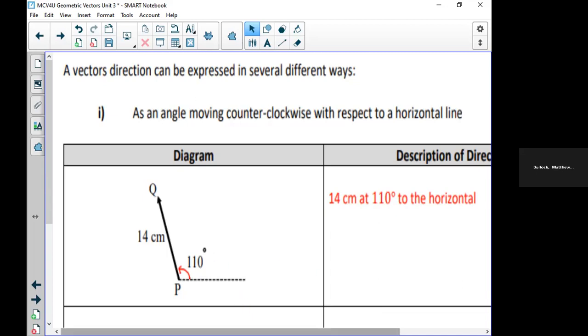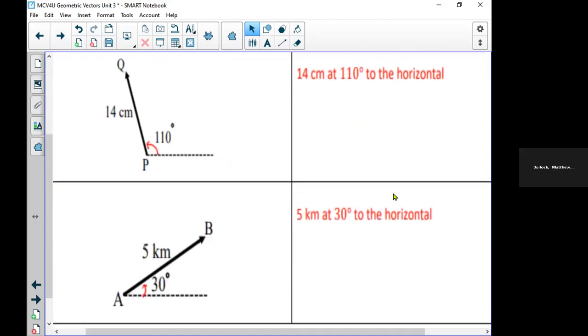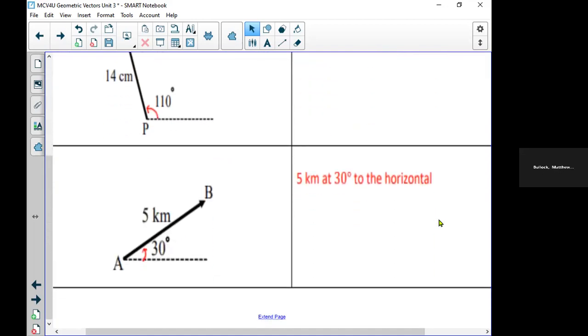For example, for this diagram here, we would say that the magnitude is 14 centimeters at 110 degrees to the horizontal. You start horizontal, rotate counterclockwise, and that angle is signified there. Another example, starting from the horizontal again, but this time we're only rotating 30 degrees to the horizontal. Our magnitude here is 5 kilometers, and we just say it's at 30 degrees to the horizontal.